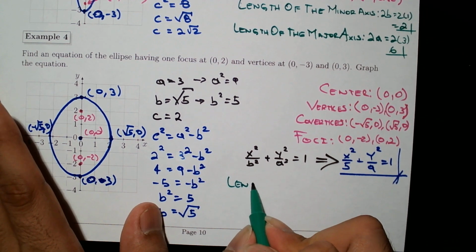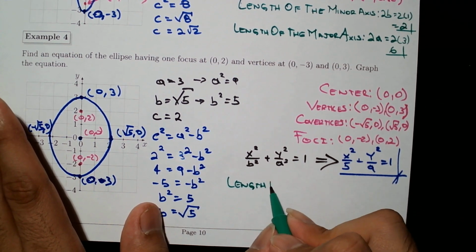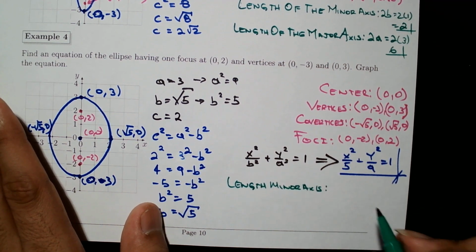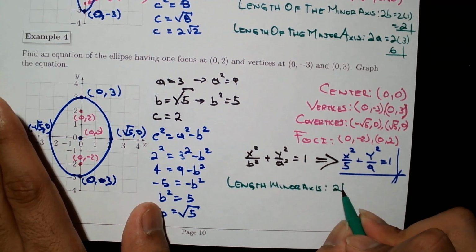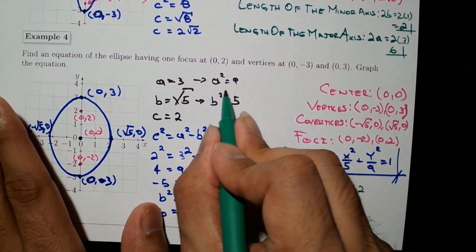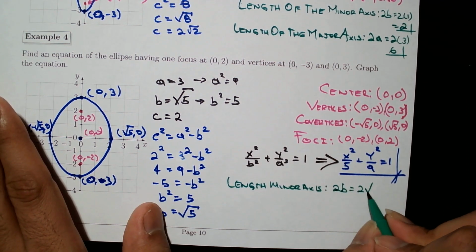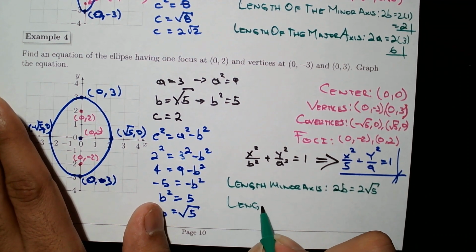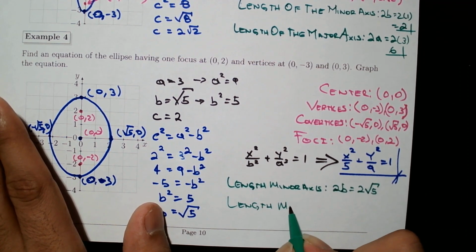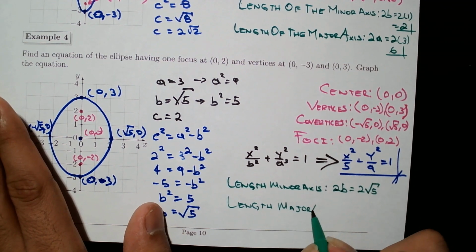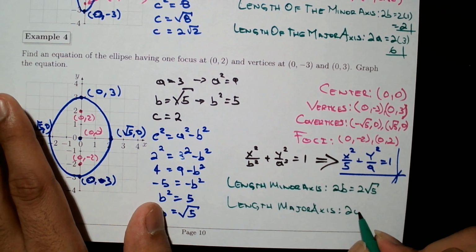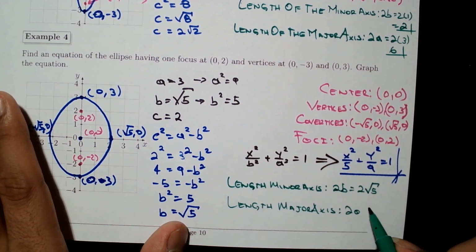The length of the minor axis, which is 2 times b, which is 2 times the square root of 5. The length, on the other hand, of the major axis is 2a, which in this case is 2 times 3, which is 6.